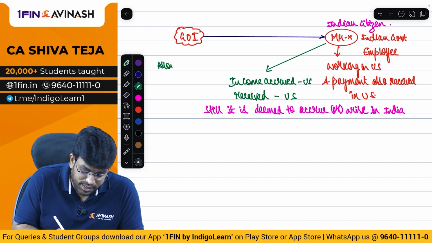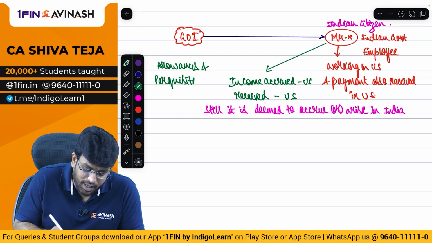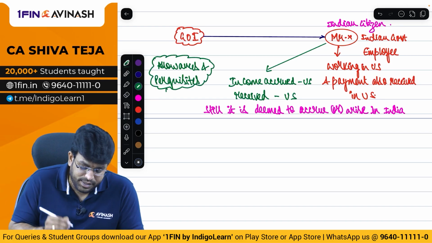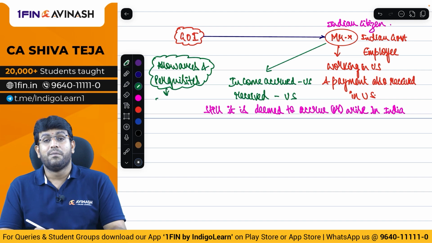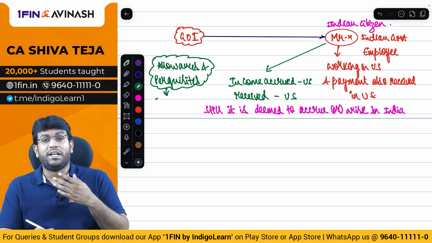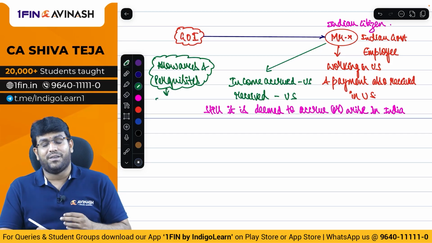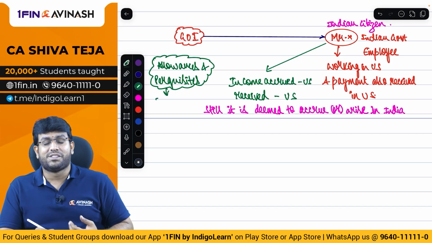But one more special point is there in the law, which says that allowances and perquisites. So allowance is something like a fixed amount given for some purposes. Perquisite is like a benefit given, like some facilities, rent-free accommodation, house rent allowance, mobile facility, car facility, whatnot.